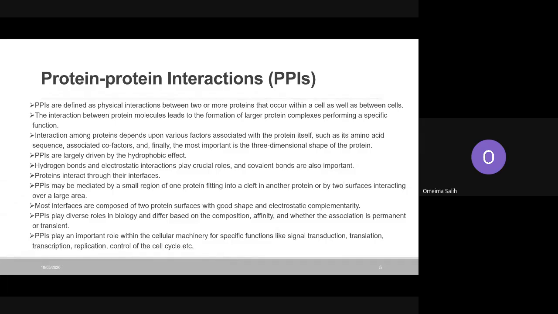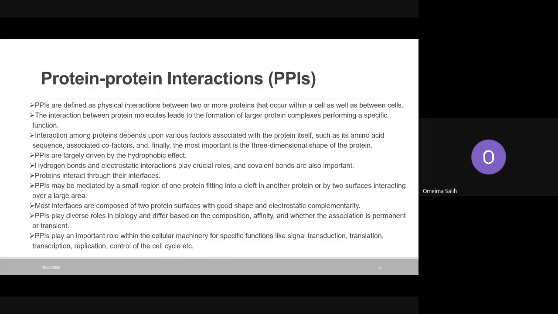So an interaction between one cell and another is considered a type of protein-protein interaction. These interactions lead to the formation of large protein complexes, and these protein complexes have a specific function within the cell.